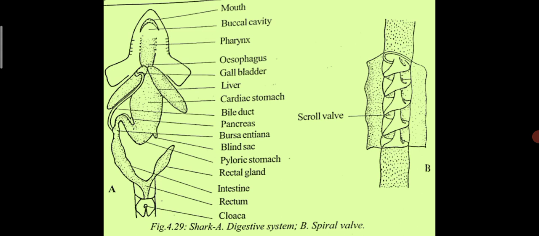The esophagus opens into the stomach. Below the pyloric stomach they are separated by a short blind sac. The stomach then leads into the intestine.